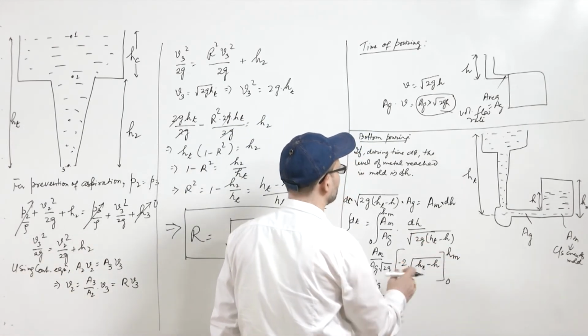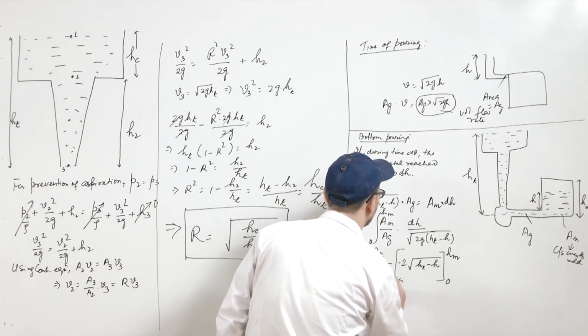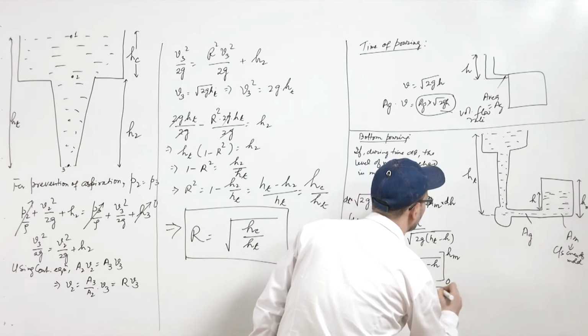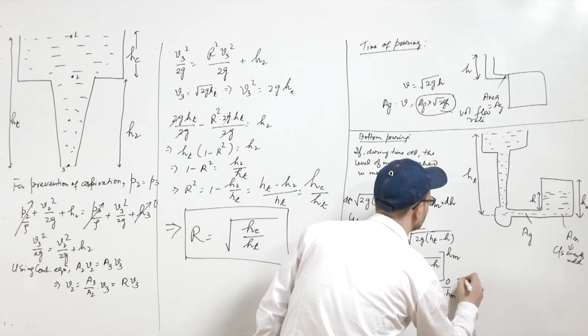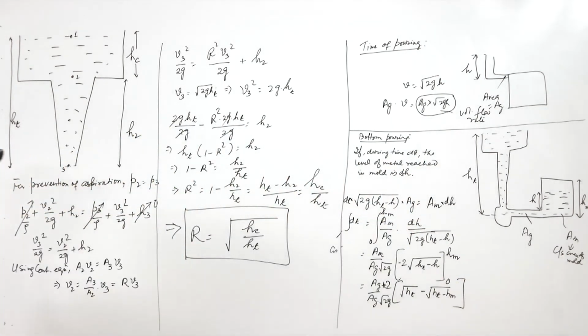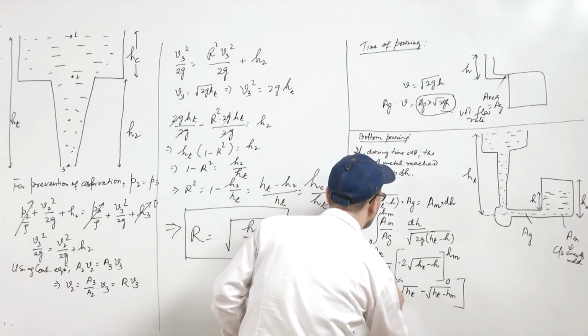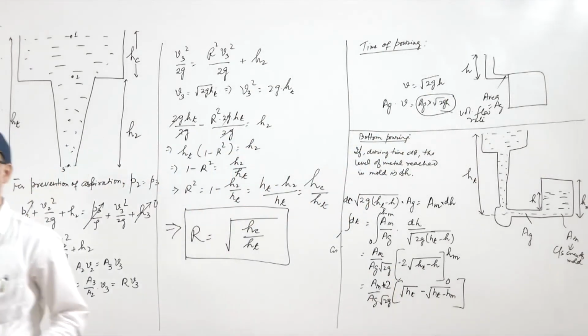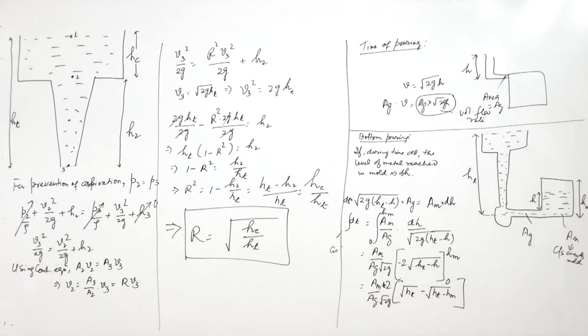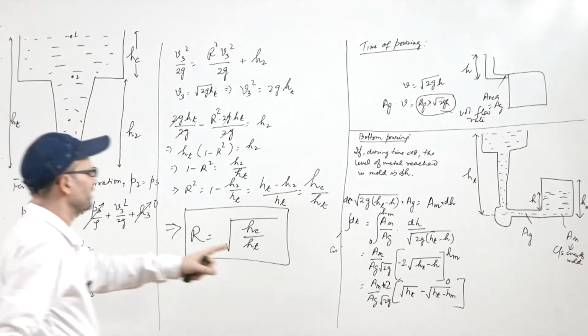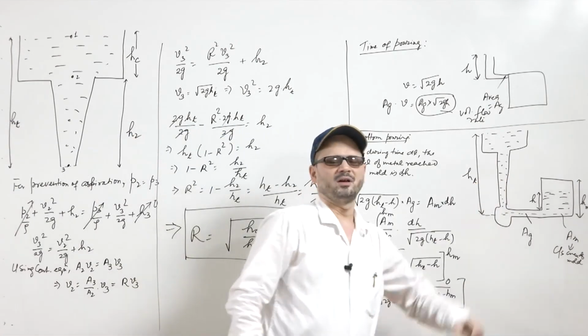The first term will be root HT minus under root (HT minus hm). So the expression is 2 AM upon AG into under root 2g, and then in brackets under root HT minus under root (HT minus hm). This is the pouring time calculated for this bottom pouring system.